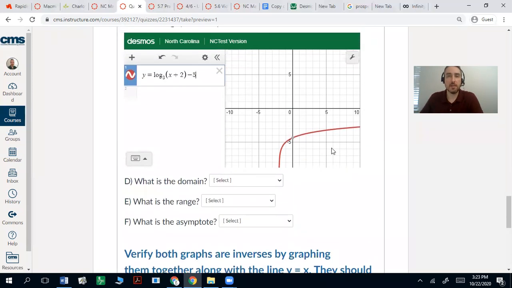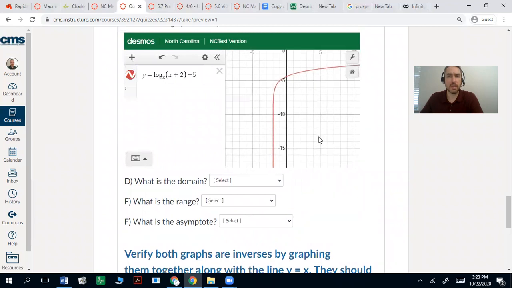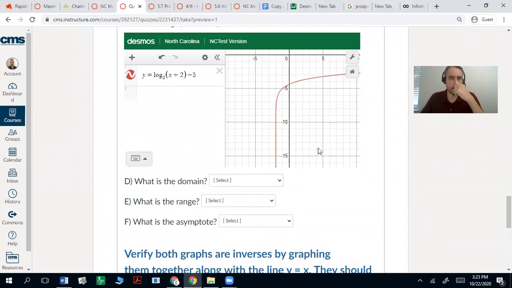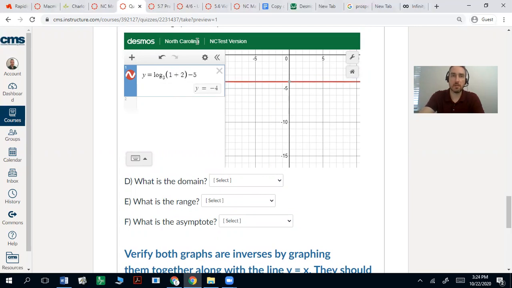All right, so the domain, you can't plug in every number to the logarithm. You can't plug in a number that gives you a negative. So if I plug in -2, it's going to say undefined. If I plug in -3, that's undefined. But if I plug in 1, or -1, that'll give me inside the parentheses a positive number.